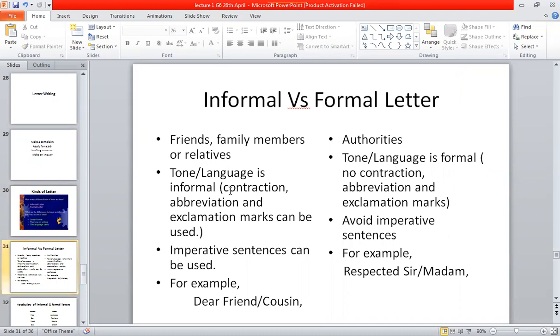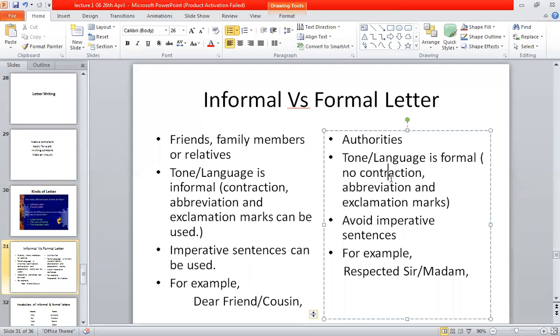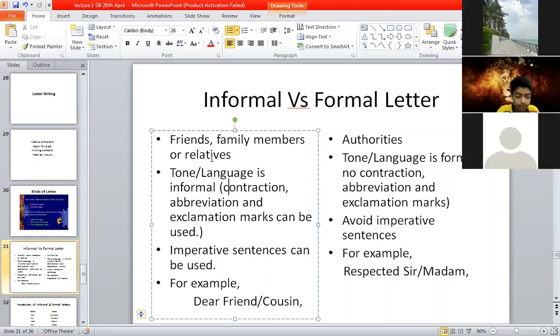Informal letter points are on the left side, and these are formal letter points on the right side, okay? Informal letter is written to friends, family members, or relatives. Its language is informal. Contractions, short forms, and abbreviations can be used, and exclamation marks can be used in it, okay?